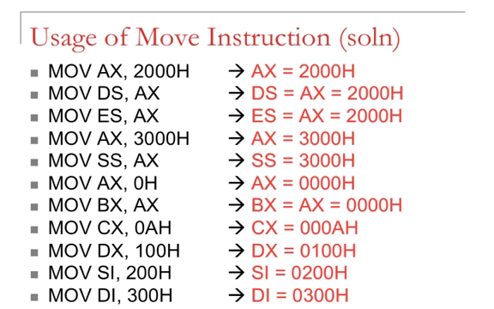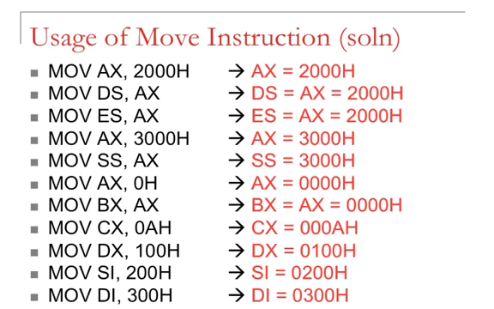The sixth instruction, MOV AX, comma 0H. So we're going to put a 0 into AX, and following that, we MOV BX, comma AX. As a result, BX has the same value, 0. And the next one is MOV CX, comma 0AH. So we're going to put value 0A into CX.